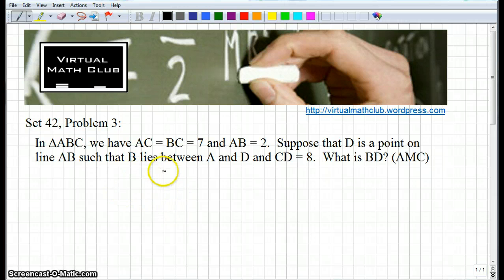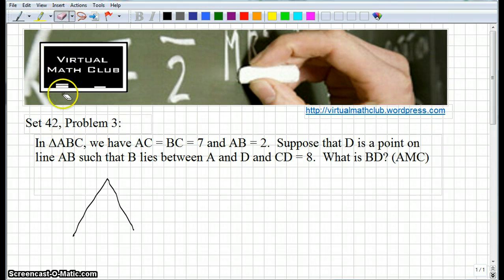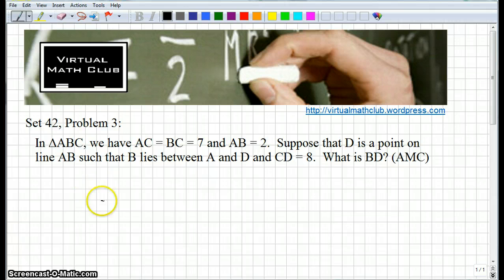I deliberately didn't put a picture with the problem just to give you a chance to draw it yourself. So essentially we have an isosceles triangle. Two legs are the same and they're 7, so they're fairly long compared to this third side. Let me redraw that because I want one of the sides to be just a length of 2.